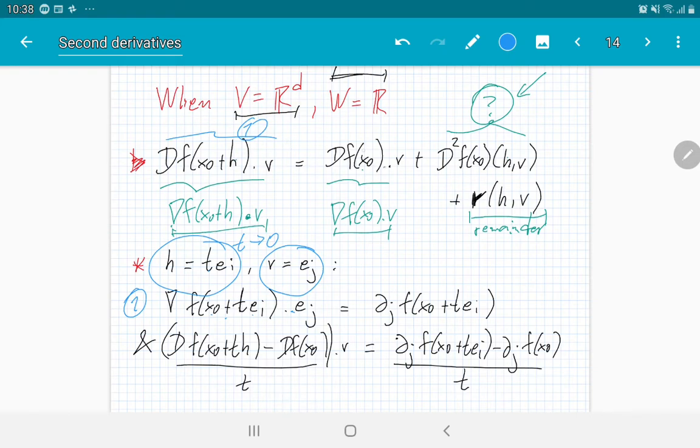Now if I look at the difference between 1 and 2, all applied to v, I divide by t, where the absolute value of t is the norm of h in this example. When I look at the difference between these two divided by t, I get a quotient for the jth partial derivative when I vary the ith variable.